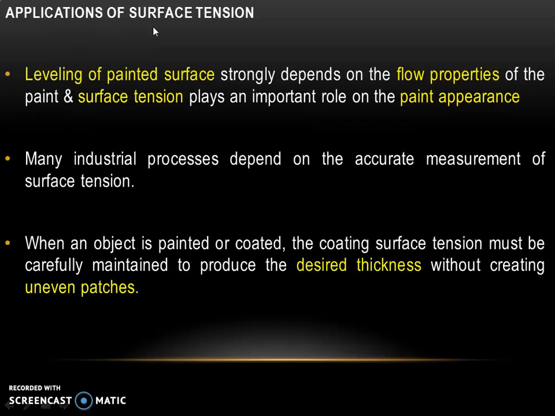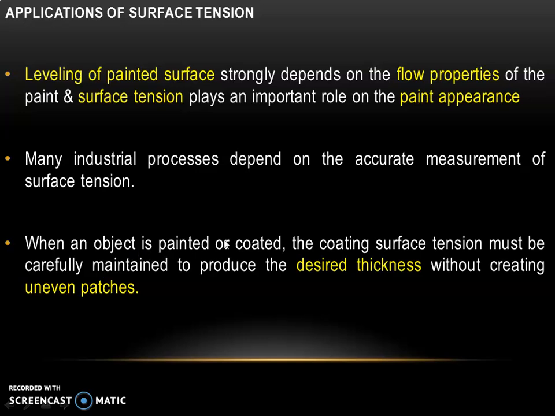Coming to the applications of surface tension, leveling of painted surface depends on the flow properties of the paint, and surface tension plays a very important role in the appearance of the paint. Hence, in many industrial processes, accurate measurement of surface tension is done as it determines the appearance of the paint.